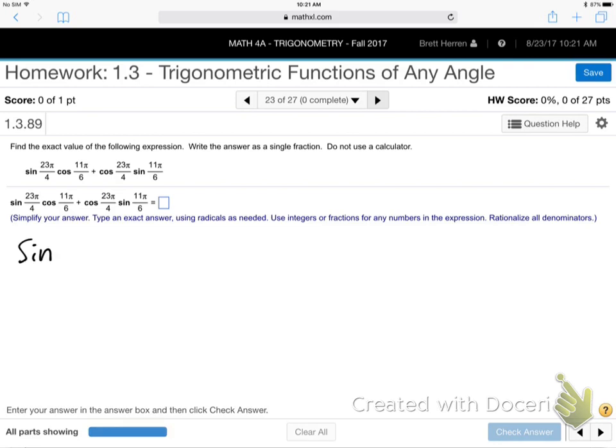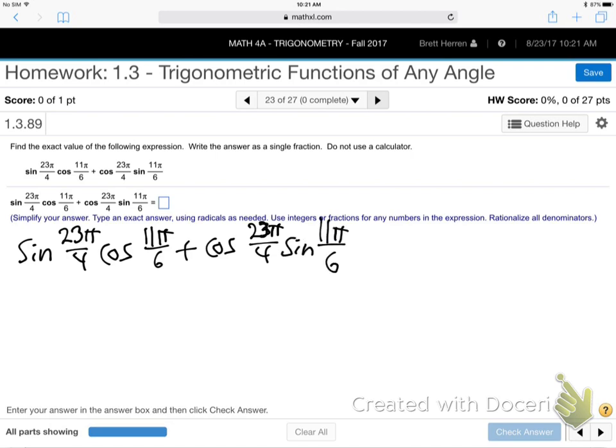So it's sine of 23 pi over 4 times the cosine of 11 pi over 6, plus the cosine of 23 pi over 4 times the sine of 11 pi over 6. There's a formula, which I haven't given you yet, for the sine of two angles added together.